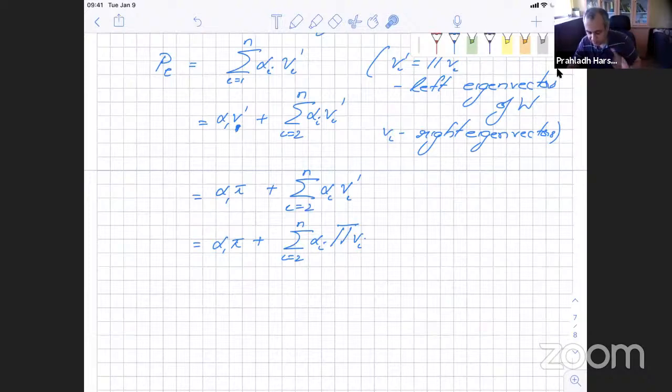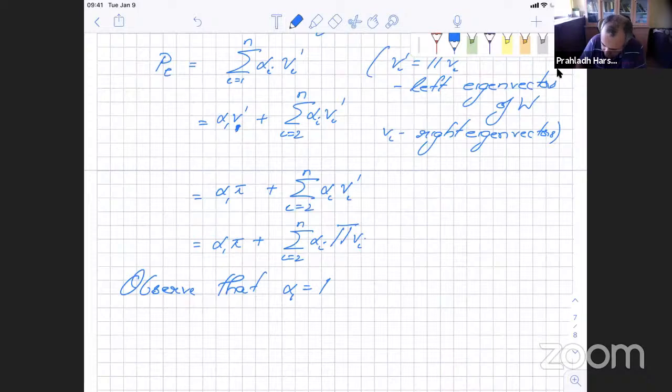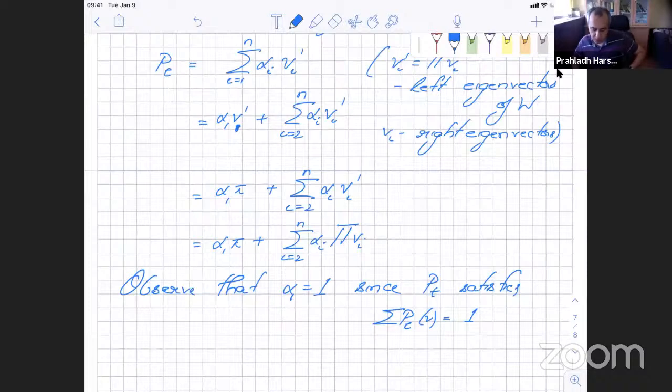Take the sum of the thing. It's not the inner product, the inner product will weigh it again. Take the sum. All I want to say is, what's the quickest way to say this? I want to say that alpha_1 has to be equal to 1, what Ishan says is correct, since p_t satisfies the summation of p_t(v) equals 1, because it's a probability distribution. Once again, there's a quick way to see this.